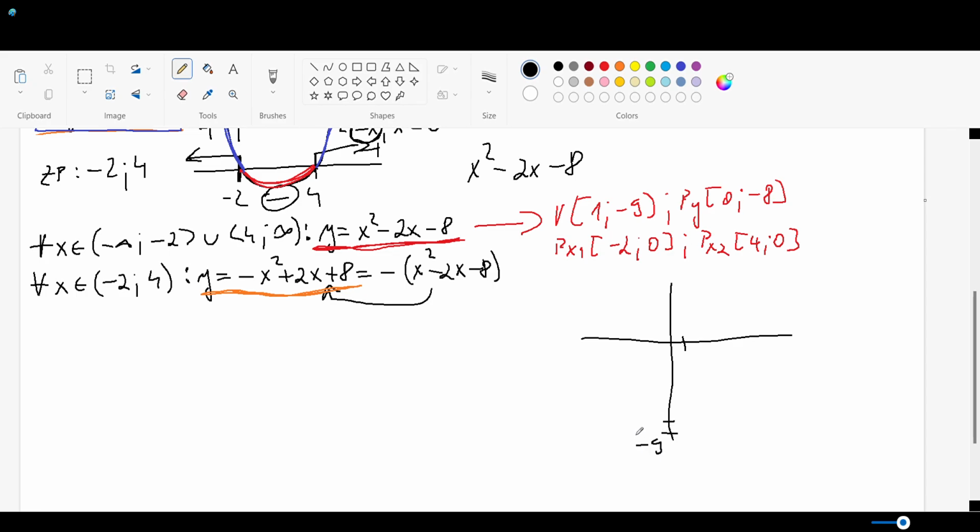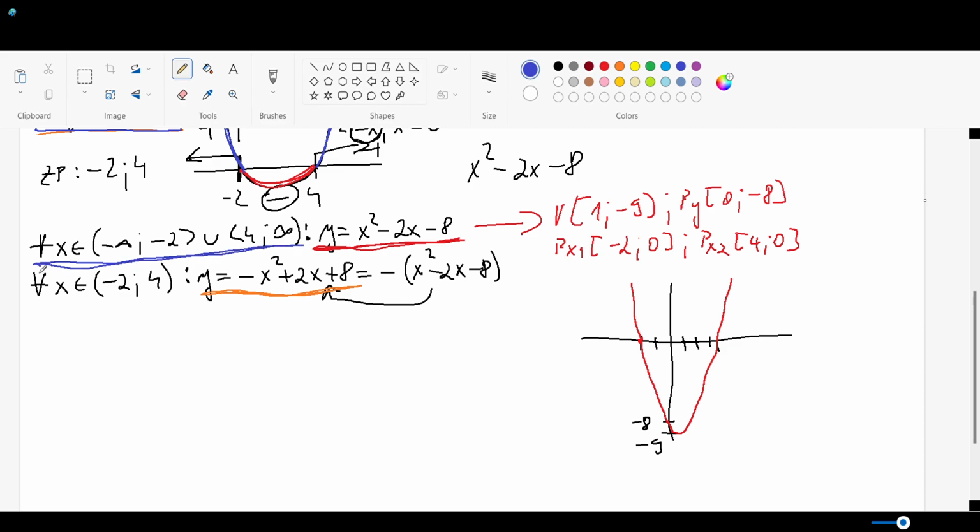So it's 1, let's say here is -9, and let's use some reasonable scale. Here is 1 and -2, 1, 2, 3, 4. So these are my points for my parabola. We have already sketched it, and this is really a challenge to do the parabola properly, but it looks like this.